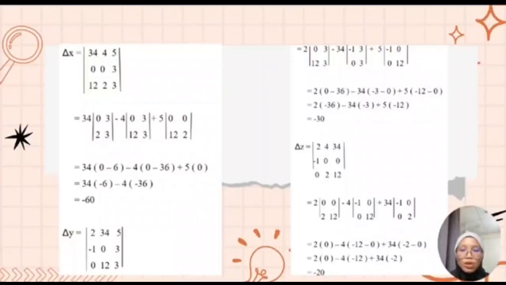Then, we find the determinant of y, where 34, 0, and 12 are put in column number 2. The answer for the determinant of y is -30. And for the determinant of z, we put 34, 0, and 12 in column number 3, and we will get -20.